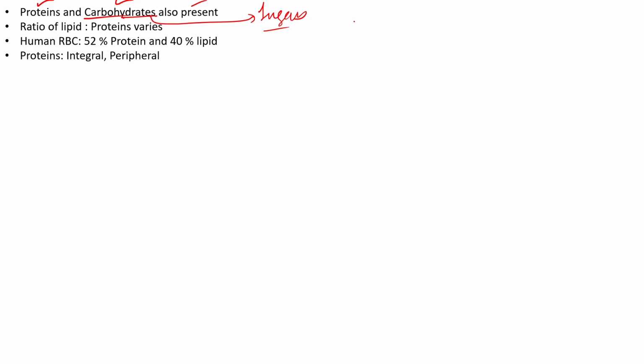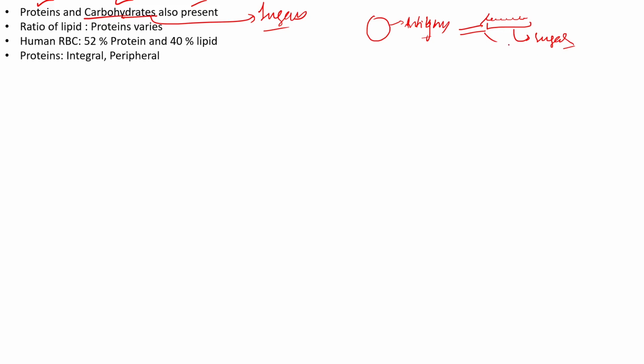You remember the RBC we have discussed. The RBCs mainly contain the antigen, the blood groups you have studied, antigen A, antigen B. The antigen is basically a protein molecule, and this protein molecule has an extra molecule attached to it, and this molecule is basically the sugar.